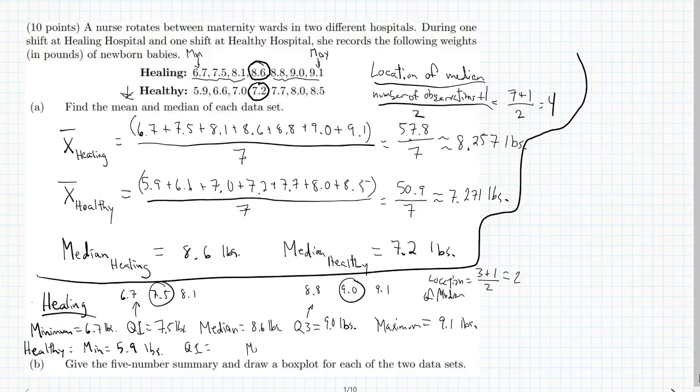The median we just had, and that's 7.2 pounds. Q3 we'll come back to in just a minute. And then the max can be found in that last position, so we found 5.9 and then 8.5 pounds.